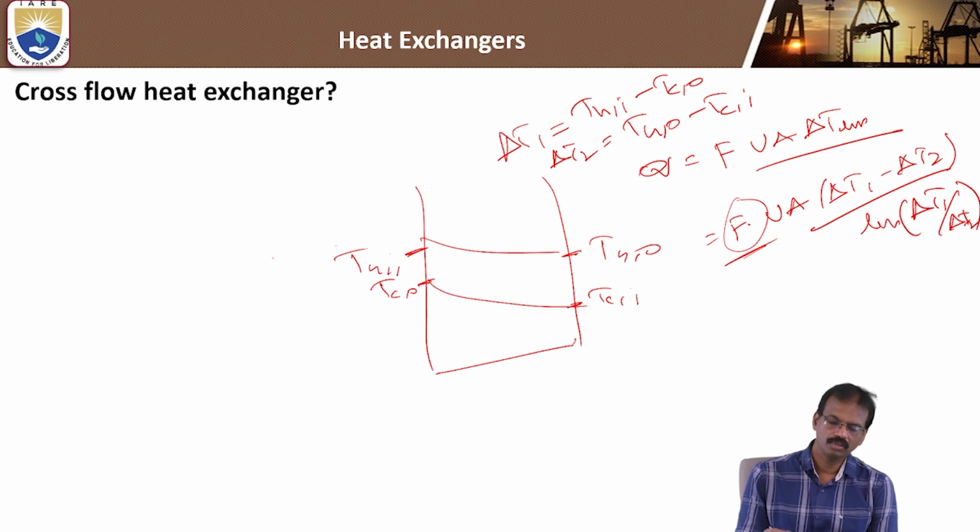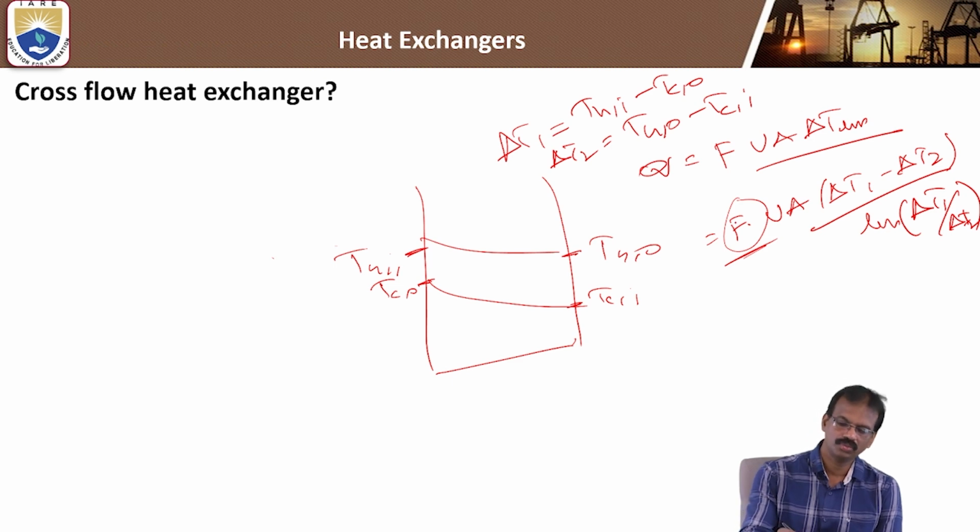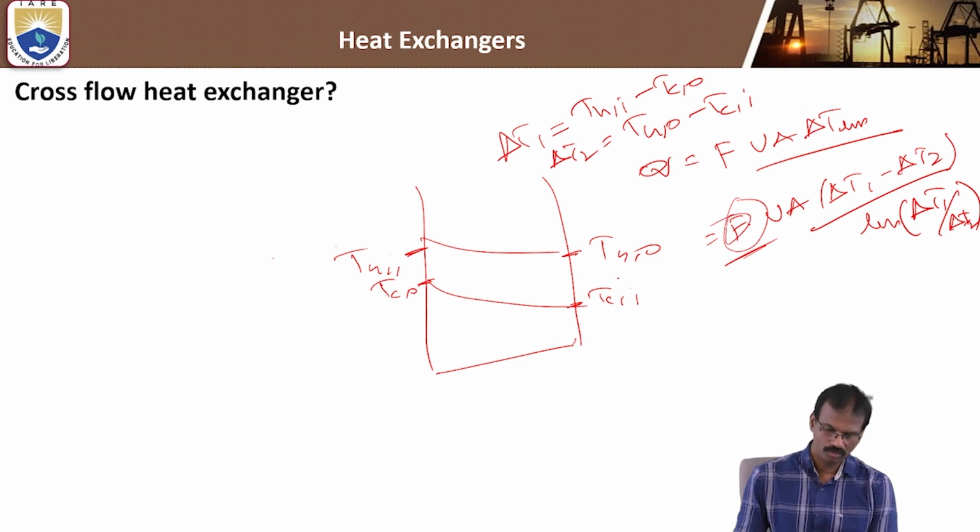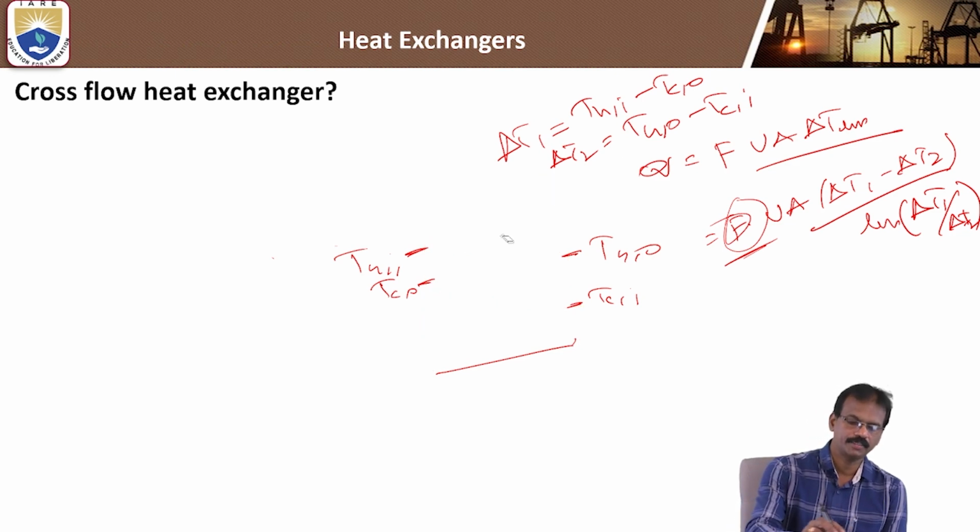How to find the value of F, we'll see when we discuss the numericals, in the numerical part. So this is the cross flow exchanger.